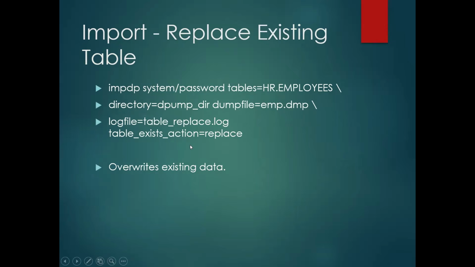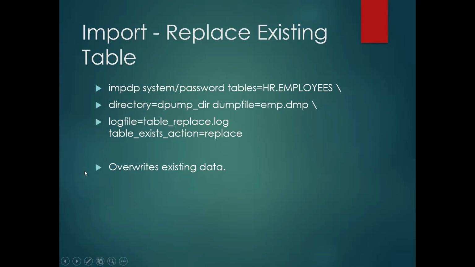Here there is a parameter, table_exists_action equal to replace. Replace means if the table is already there with data, whatever we have inside the dump is going to override the table.